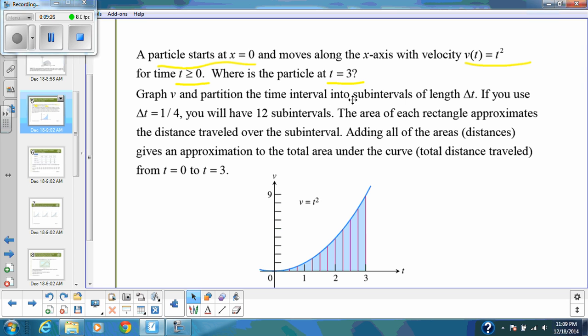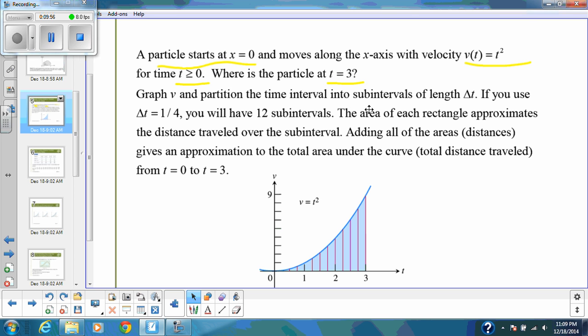Well, if we graph that and we split this into 12 subintervals, you can use the change in t to be 1/4. Where does that 1/4 come from? Well, if I am going from 0 to 3 and I want to split that up into 12 portions, 3 divided by 12 is 1/4. So each one must be 1/4 in width.